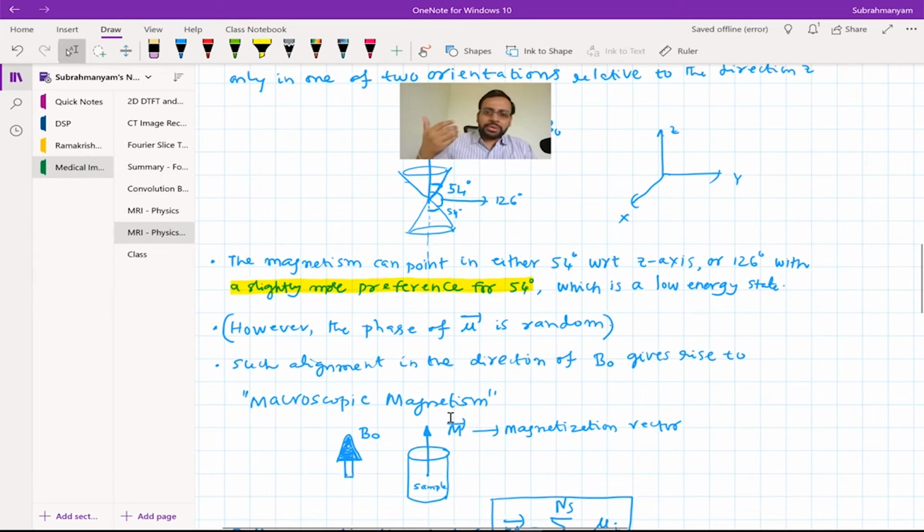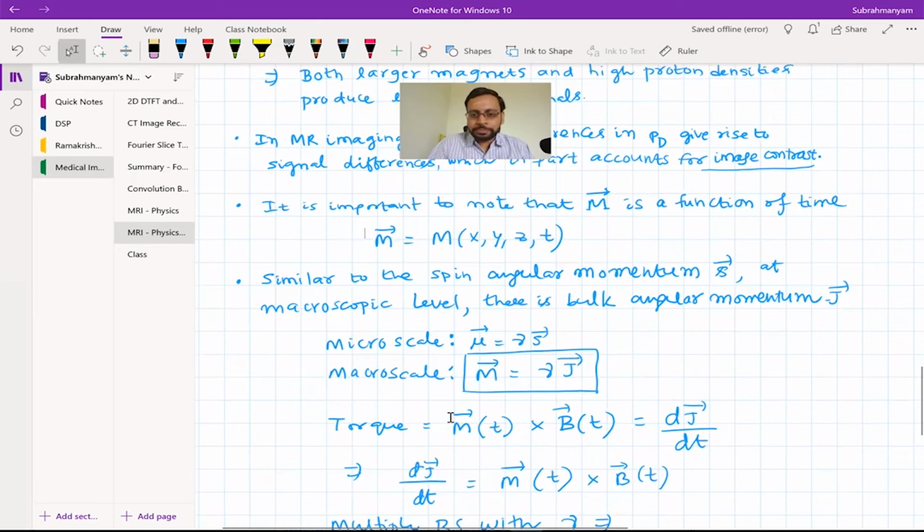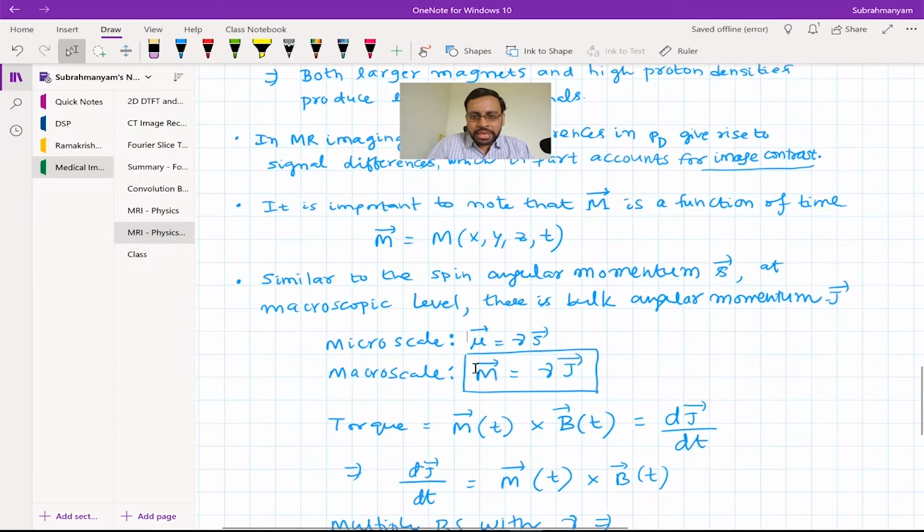At a macroscopic level, you can come back to classical mechanics. At the microscale, how are they related? The magnetic dipole moment is gamma times the spin angular momentum. At a macro scale, the magnetic dipole moment is the magnetization vector m bar.